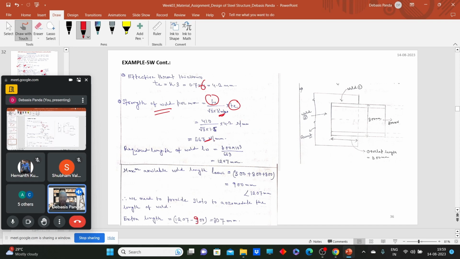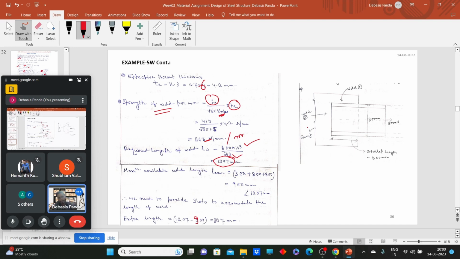This is per mm length, so how much length will be required? Total applied load divided by what the weld can resist per mm. So that comes as 1207 mm. Now, this much effective length we have to provide to resist that 800 kN load safely.